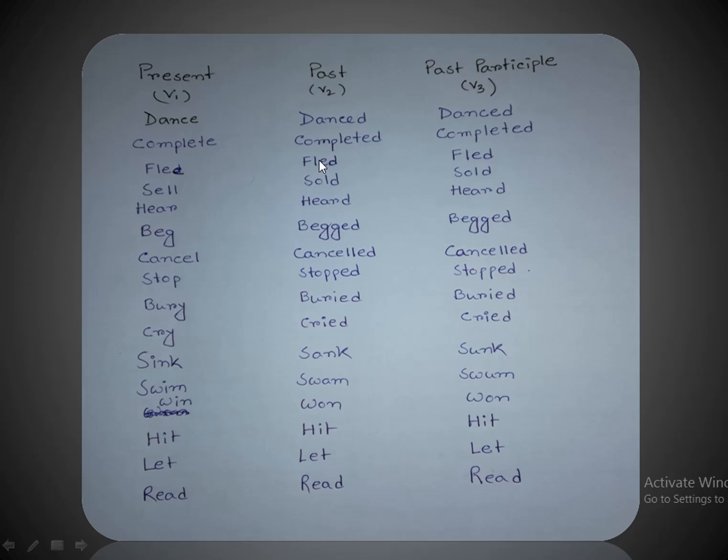Here we erase one E and add D in its place. So the present form is flee, past is fled, and the past participle is fled. Flee, fled, fled. The second one is sell, the present form; past is sold, past participle is sold.